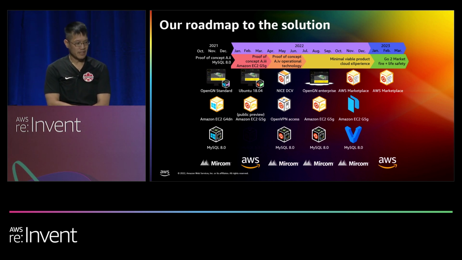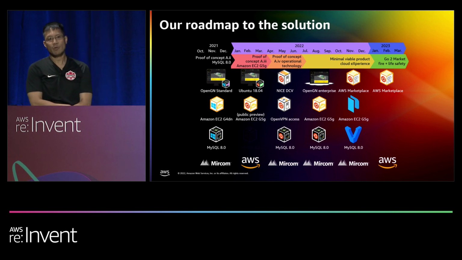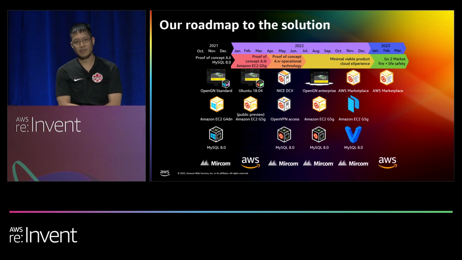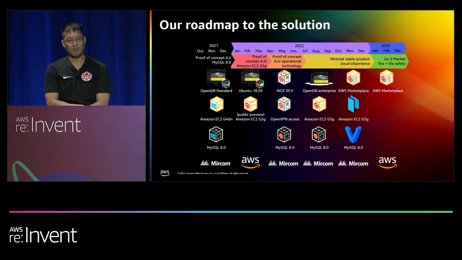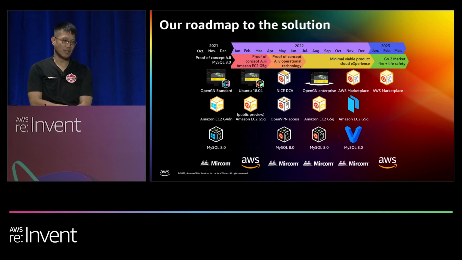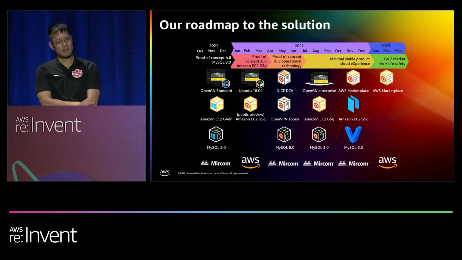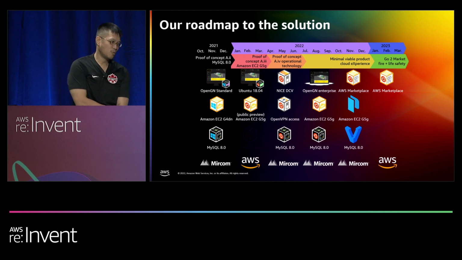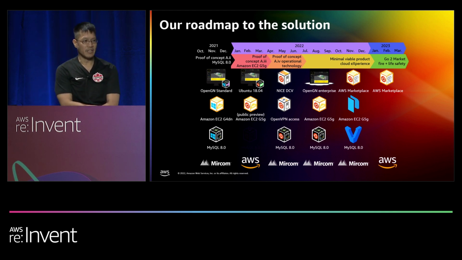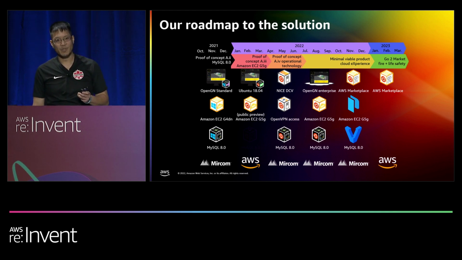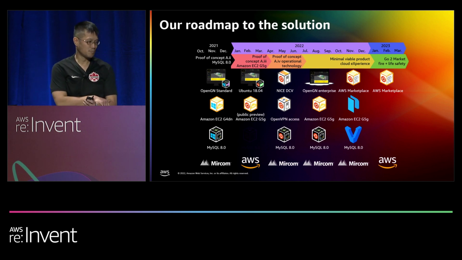After this completed successfully in Q2, we replatformed to Ubuntu 18.04, Mate Desktop, and MySQL 8, based on AWS's recommendation. Currently, we are finalizing our minimum viable product, and we are planning to go to market via AWS's marketplace.